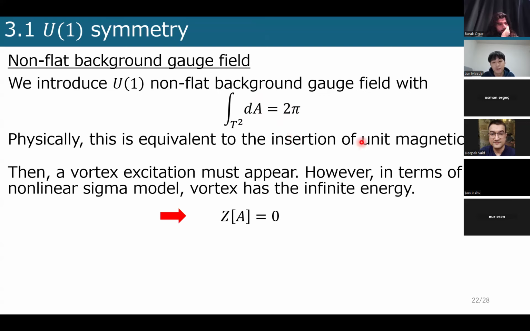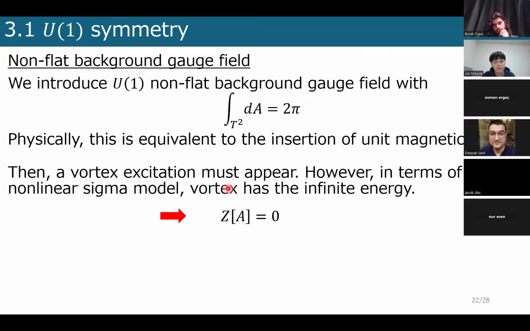In the presence of magnetic flux, no vortex configuration is prohibited, and the vortex excitation must appear. However, we consider the low energy effective theory. So in terms of the S1 nonlinear sigma model, the vortex has infinite energy and it should be regarded as a defect. So this means that the partition function must exactly vanish.